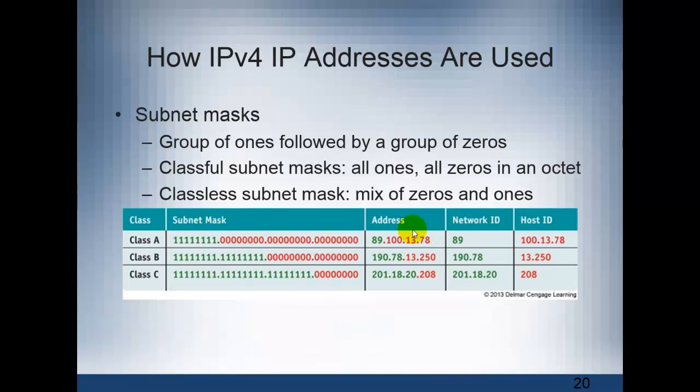You can see in this address, 89.100.13.78, 89 is our network ID, and the device has a host ID of 100.13.78. With Class B, we use the first two octets for our network ID, and Class C uses the first three octets as our network ID.